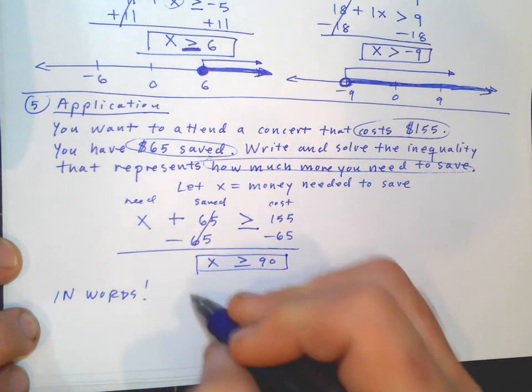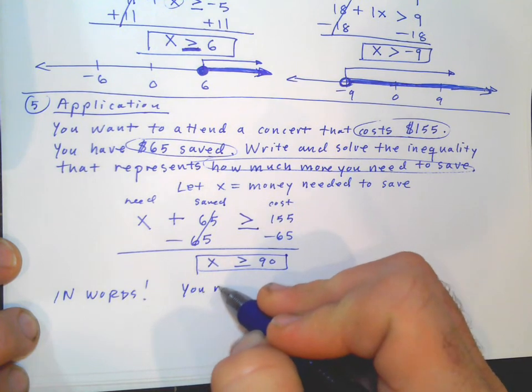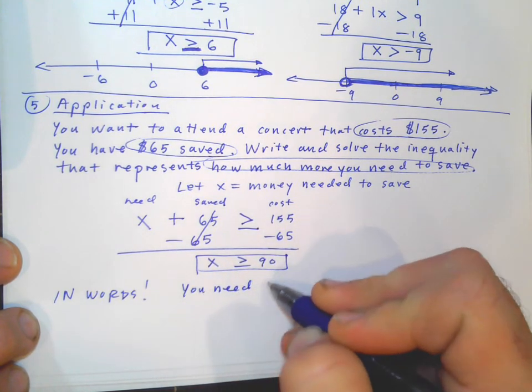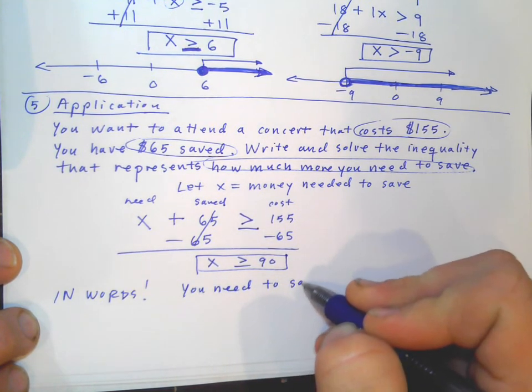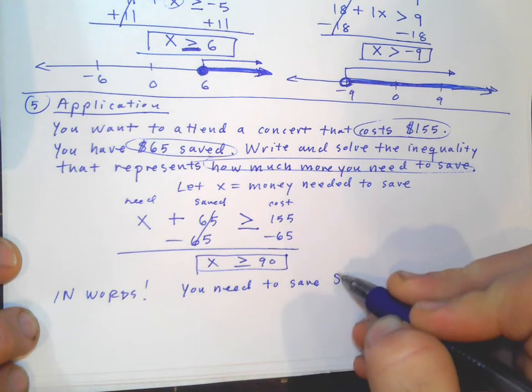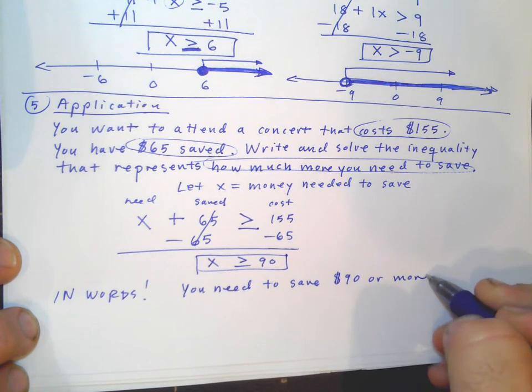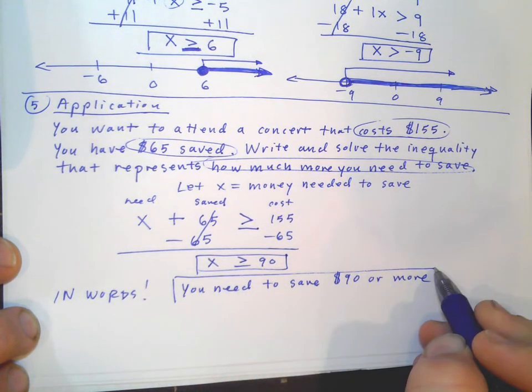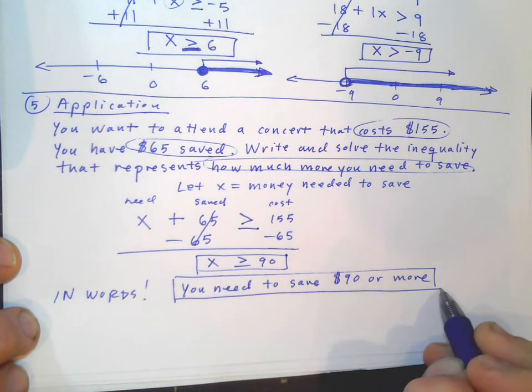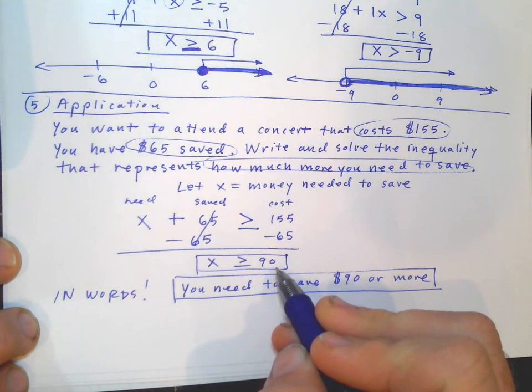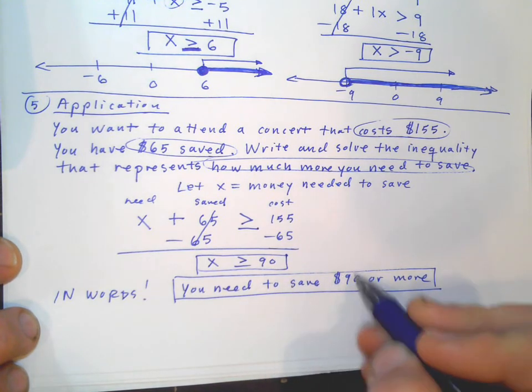So we can say, you need to save $90 or more. Also in word problems, you should use units. Was this tickets? Was this dollars? So put the units on it.